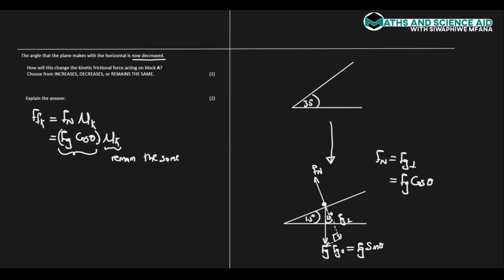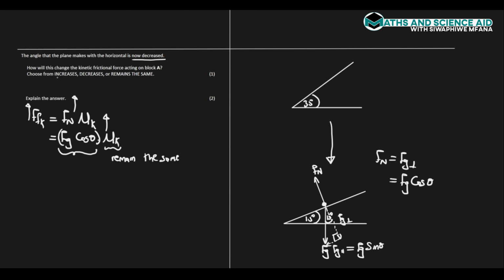And the answer to that is if you decrease the size of the angle, then the value of cosine theta will increase. And of course, now if you are multiplying Fg by a bigger number, it means that the size of the normal force is going to increase, which will then cause the magnitude of the kinetic frictional force to increase as well.